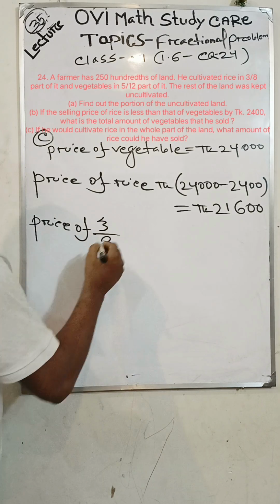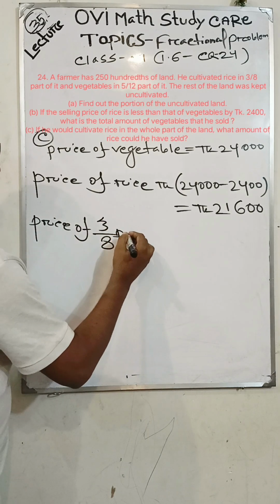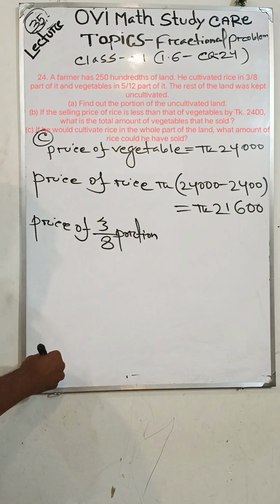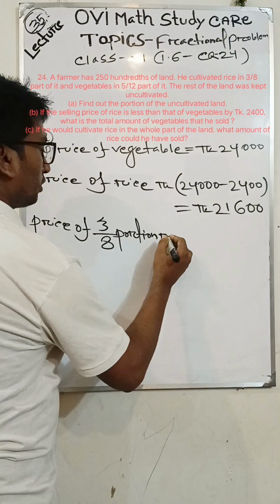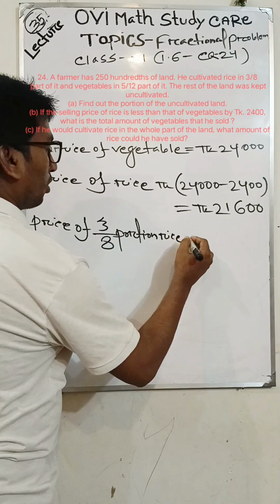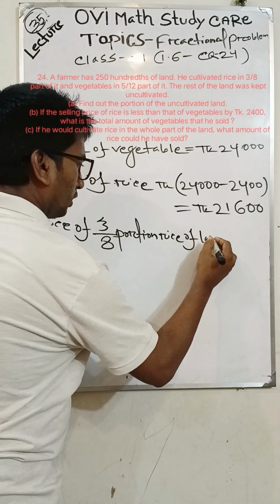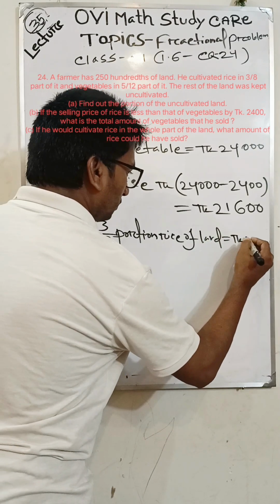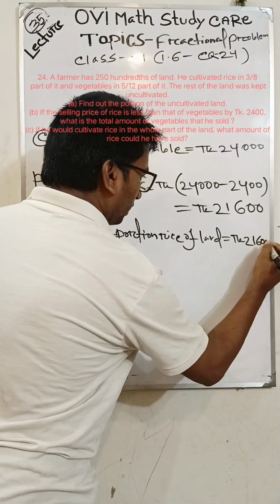The price of 3/8 portion of land, 8/8 portion rice of land, taka 21,600.